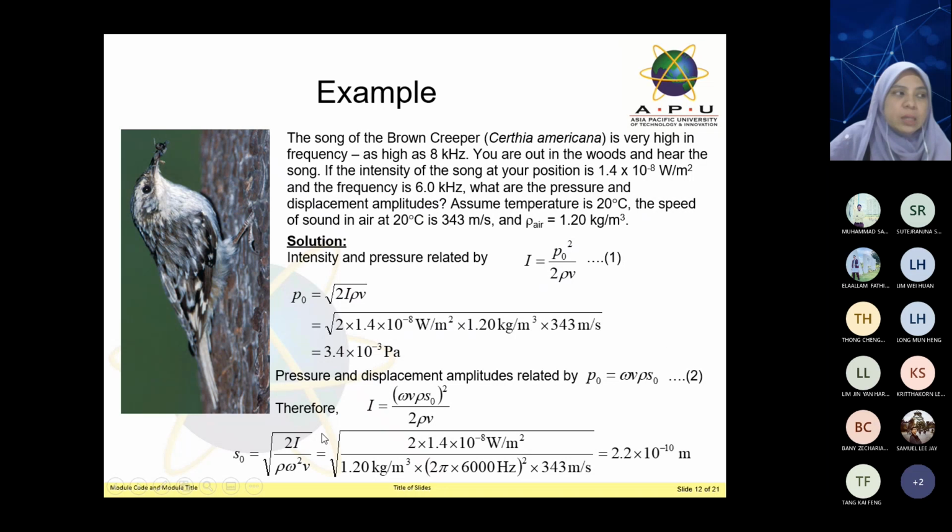Next, to find the displacement amplitude, what are the good marks? This one is in the formula sheet.